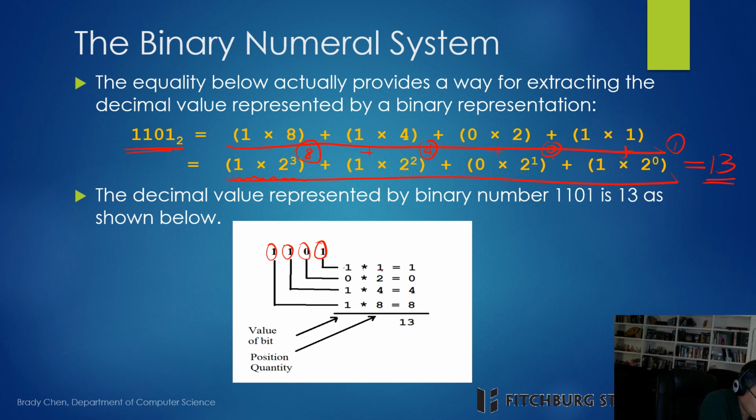For 2's position, it's 0 times 2. 4th position, 1 times 4. 8th position, 1 times 8. So we got 1, 0, 4, 8. Now we add these together, we get 13. Okay. So we have provided a way of converting a binary representation into a decimal value.